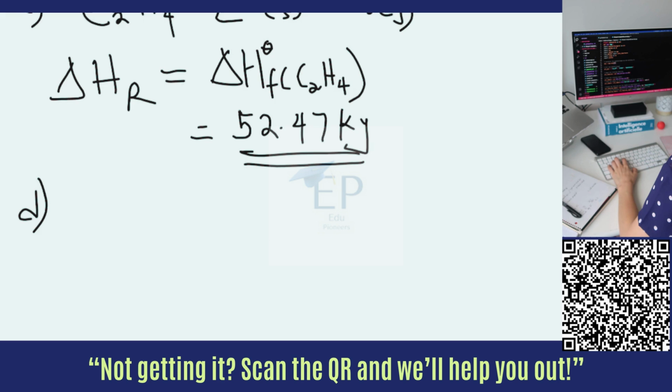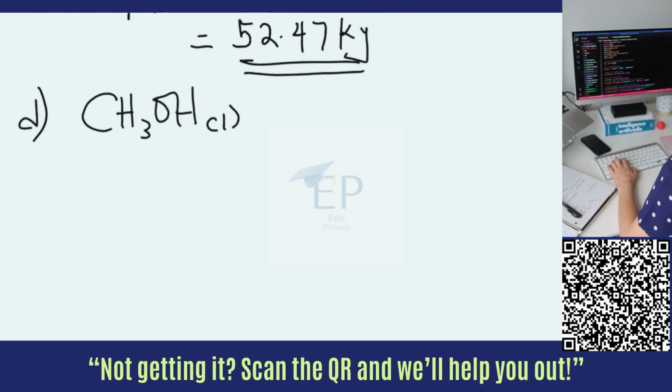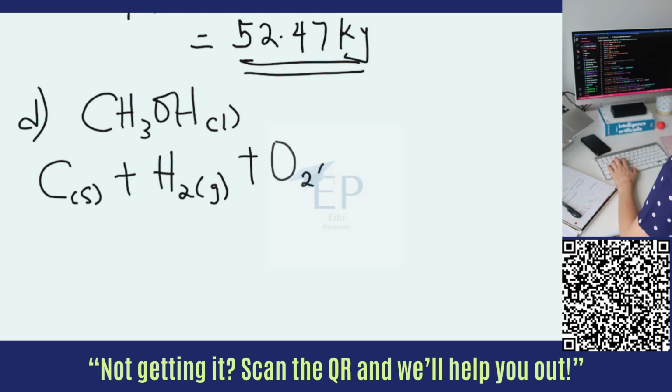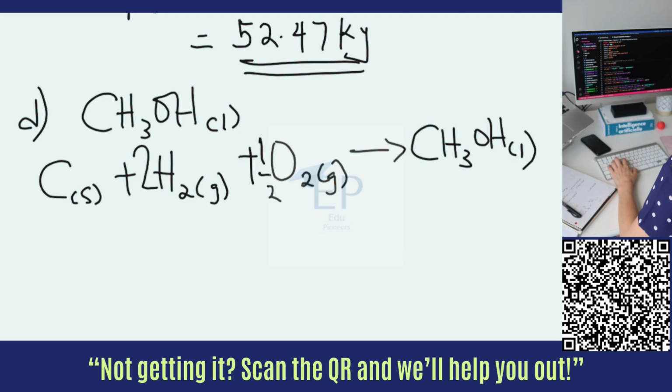And then finally, the last one for methanol, CH3OH liquid, right? The equation would be the reaction between carbon solid plus hydrogen gas plus oxygen gas, and we'll have 1 mole of methanol liquid, right? We're going to balance this. It's going to be 2, and this will be half.